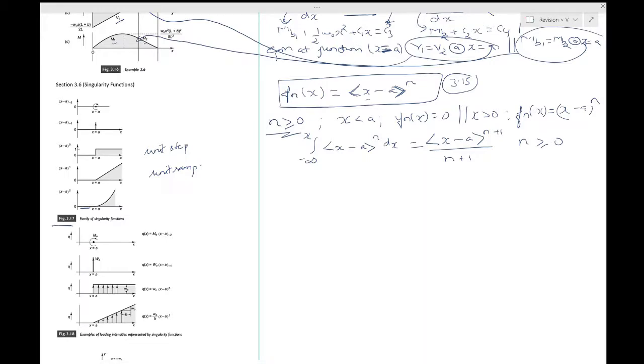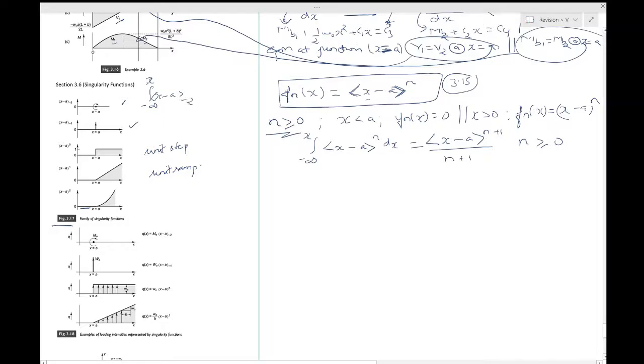And what about these functions? These functions are 0 everywhere except at x equal to a, where they are infinite. But they are infinite in a way. So these are properties which are defined for this. So this is a definition, if you want to say, for <x minus a>.